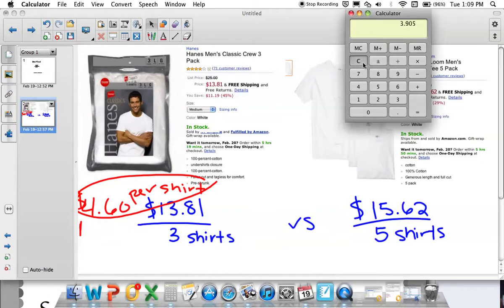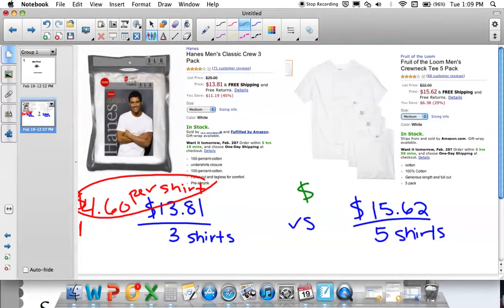Oops, I made a mistake. $15.62 for 5 shirts. $3.12 per shirt.